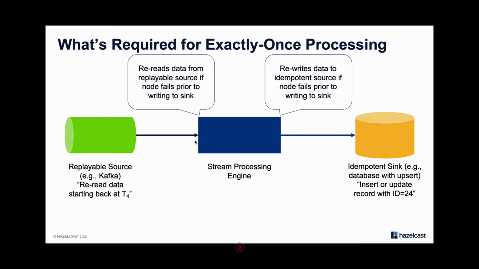And so what this is saying here is that if the write to the sink didn't succeed the first time because of failure, then you can write it again, and it won't create a new value. If you use a sink that has upsert capabilities, then you'll make sure that you won't write it twice.